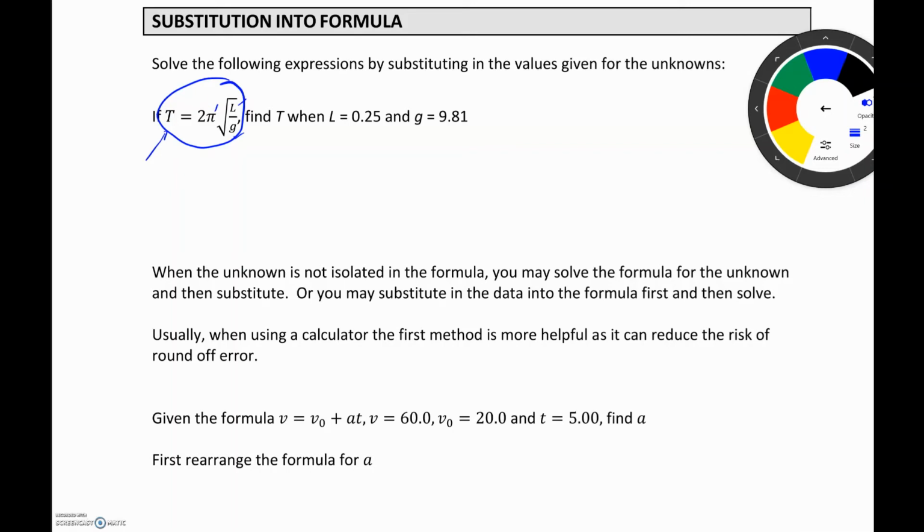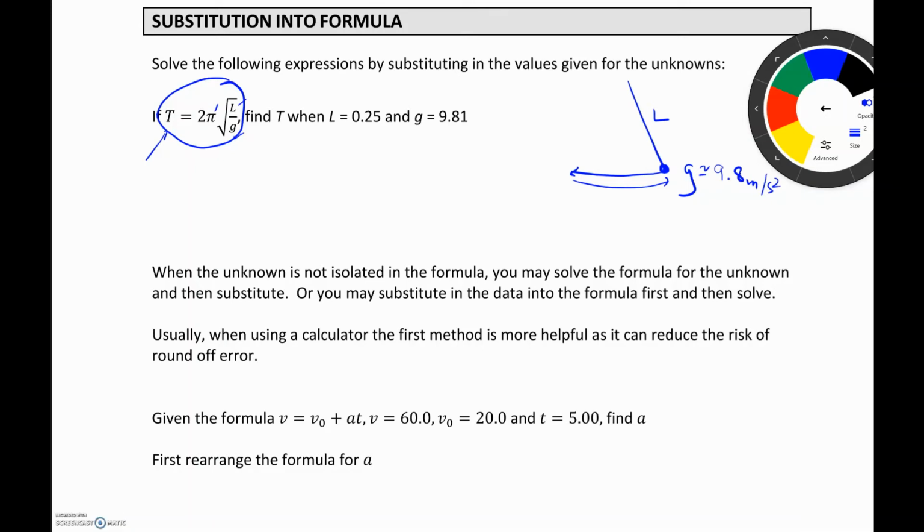For those of you who are interested, this is actually the formula to find the time of oscillation. So if you have a pendulum, the time it takes to go in that direction and then back to its original position, that's called the periodic time, where L is the length of the string and G is the acceleration due to gravity, where G is approximately equal to 9.8 meters per second squared.